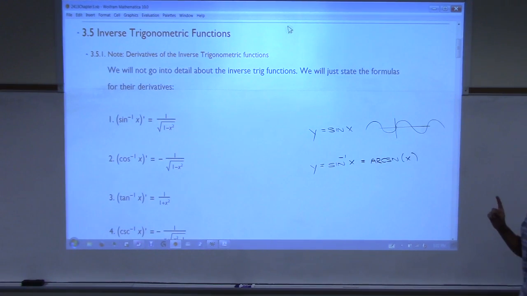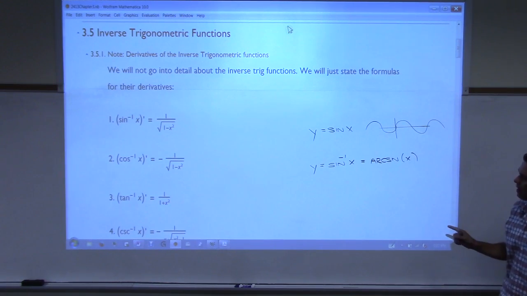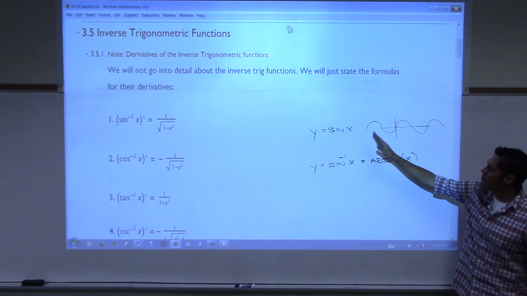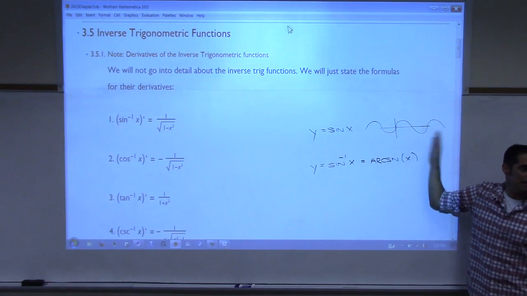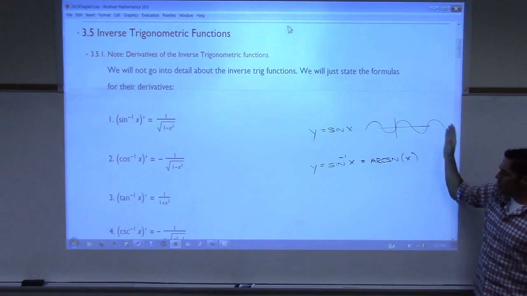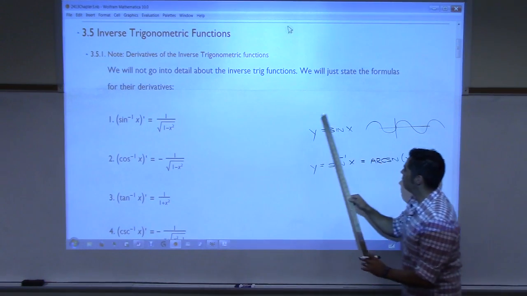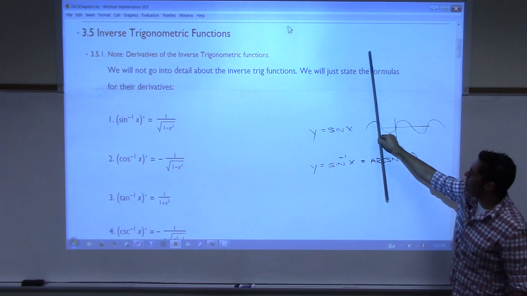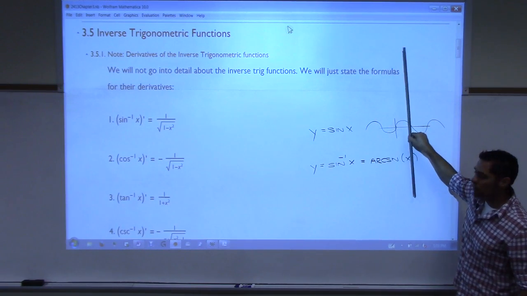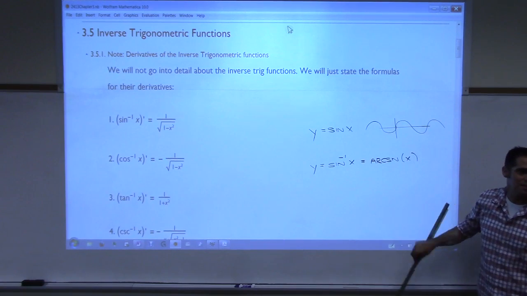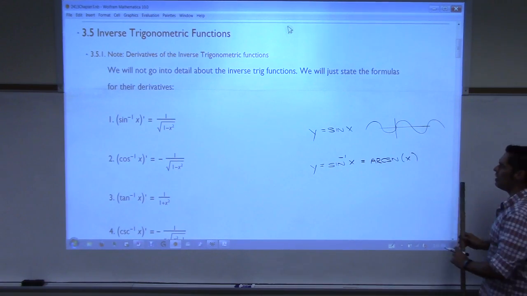But when we did this in pre-cal, what we realized is that to have an inverse function, you cannot just define an inverse function on the entire domain of sine because sine fails the, what do you call it? For a function to be a function, it has to pass the vertical line test. For it to have an inverse, it must pass the horizontal line test. It does not. So what we do for sine is we cut it.